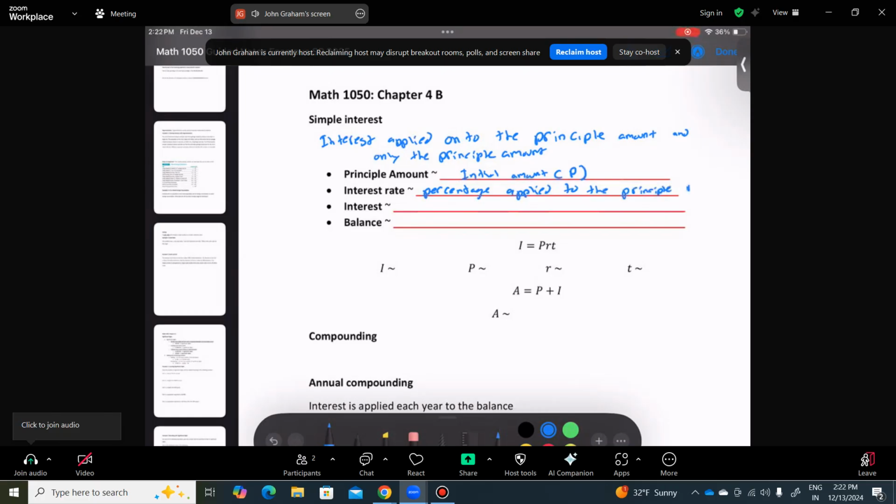And we're going to call this R. Right, so R is interest rate, P is principal, the interest itself, we think of this as the total interest, is the absolute amount added to the account due to the rate.